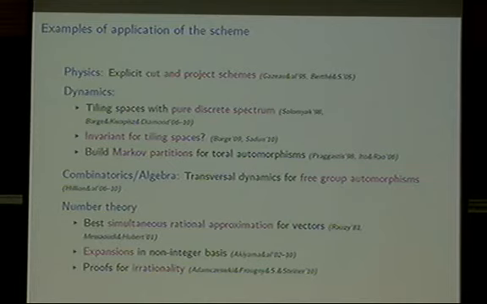So we can have more information. And also in number theory, we have many works from Akiyama and many people who are dealing with induction processes to understand best simultaneous approximations, expansions with several bases, and even some proofs of irrationality.